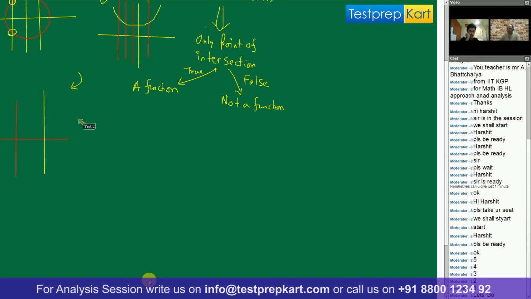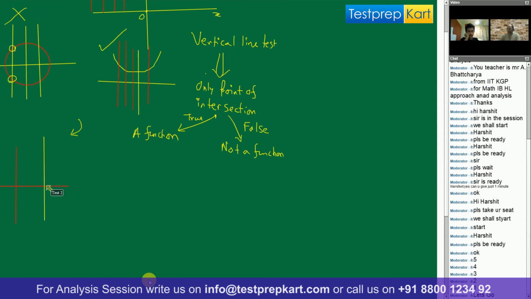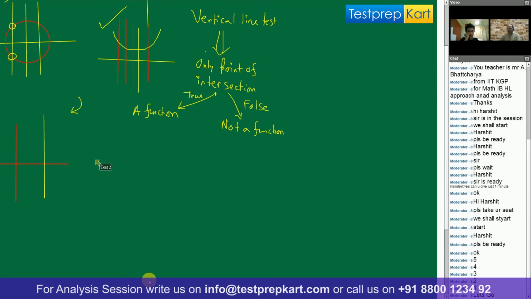Have you drawn any vertical line? Is the yellow one the vertical line? Yeah, the yellow one is vertical, and we have to check whether the yellow one is a function or not. Okay, let's check.